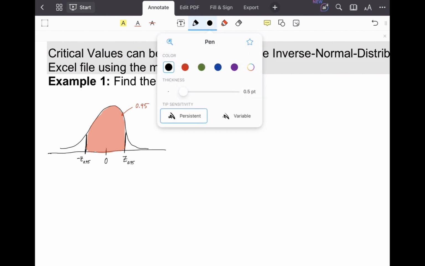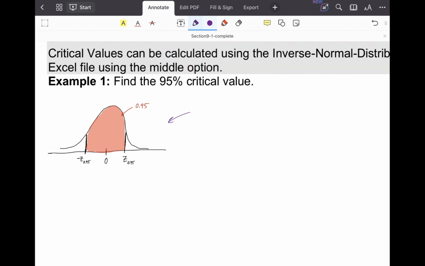Now I just want to write here what we're going to do. We're going to use the inverse normal distribution Excel file. And we're going to put in the parameters. The mean is 0. The standard deviation is 1.